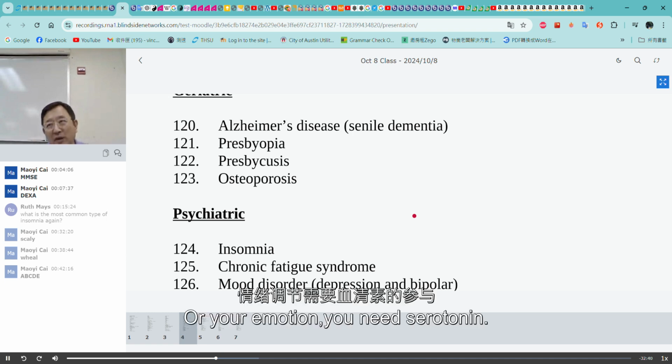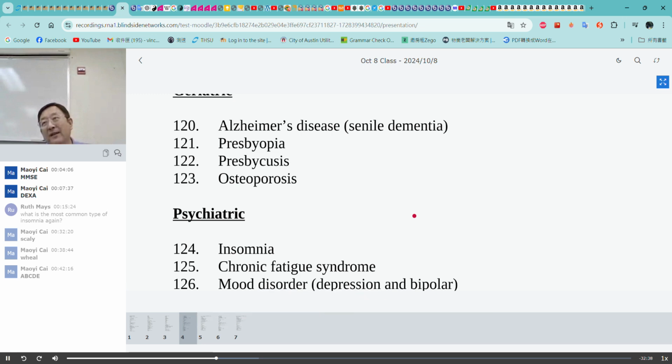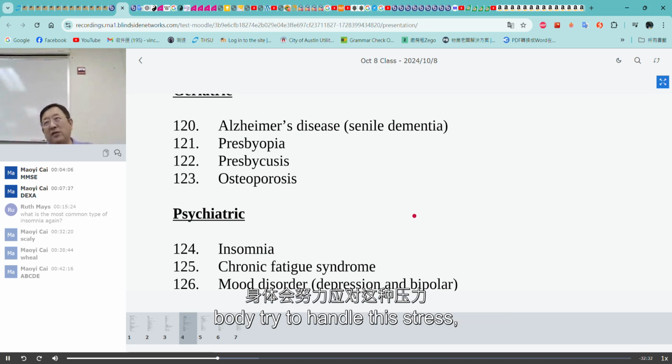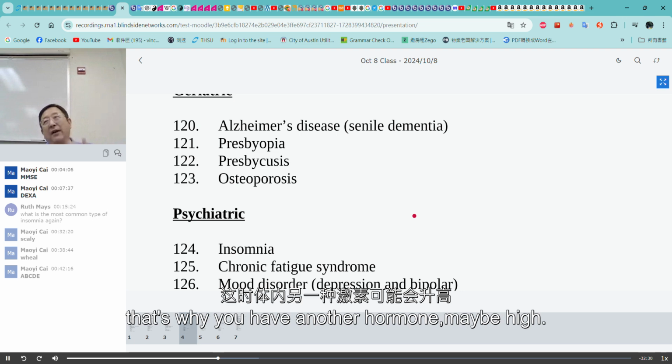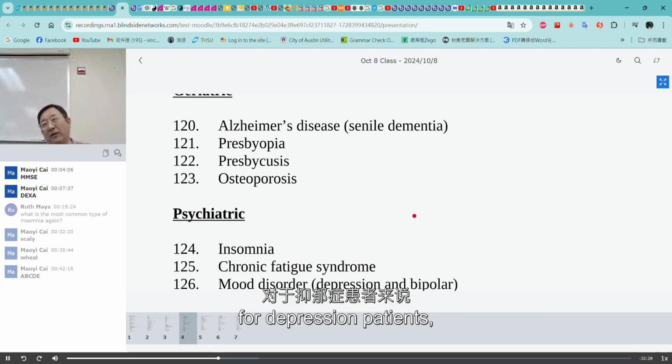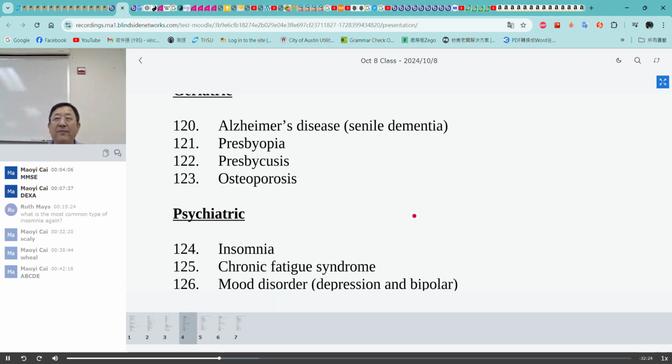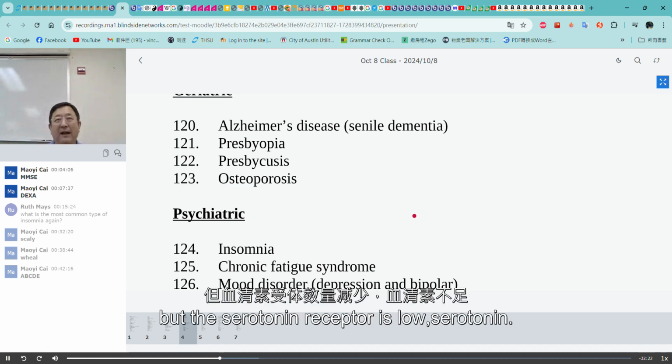For your emotion, you need the serotonin. So serotonin is deficient. But when a person has a chronic depression, the body tries to handle this stress. That's why you have another hormone maybe high for depression patients. That's because of the stress, which is what? Cortisol. Cortisol may be high, but the serotonin receptor is low.